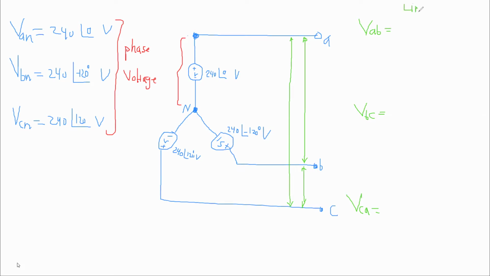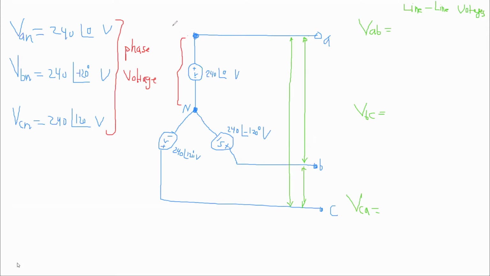Why do we call them line voltages or line to line voltages? The reason is because they are between line and line. This is between the point and the neutral, across the phase, so we call it phase. This is between line and line.